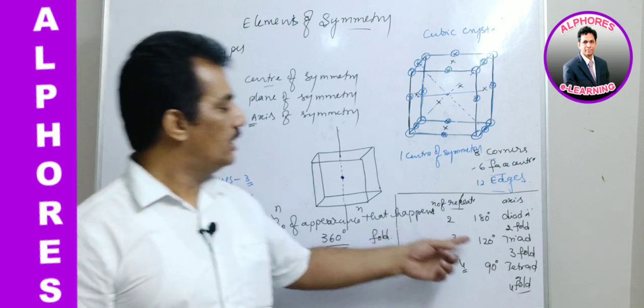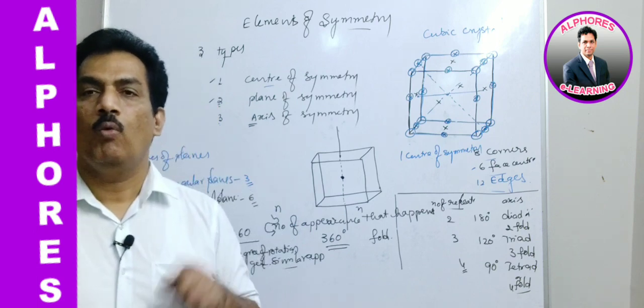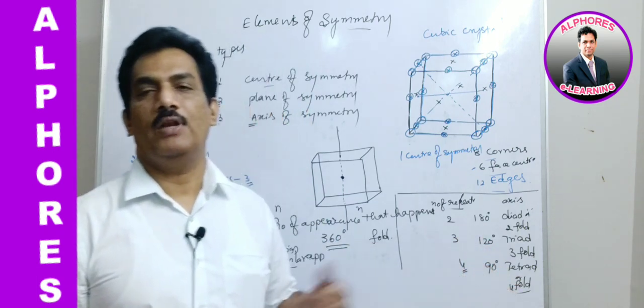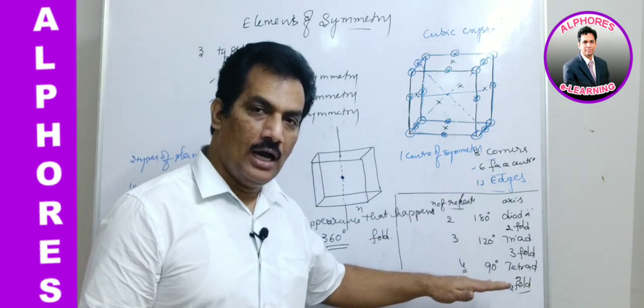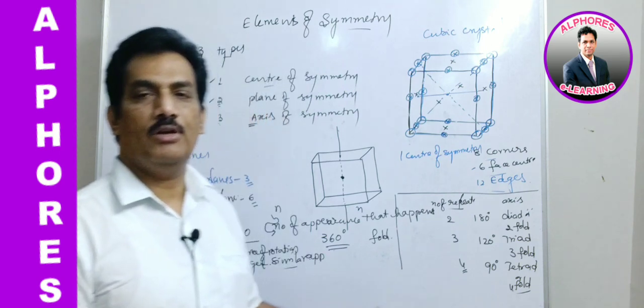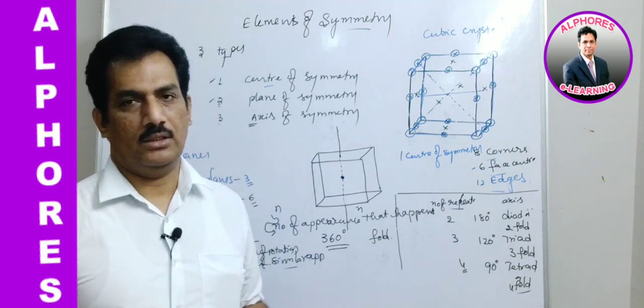For example, if it is a threefold axis, 360 by 3, at every 120 degrees of rotation a similar appearance will happen. Like that, depending on the similar appearances, the axis is of different kinds: twofold, threefold, fourfold, fivefold, like that. Clear?